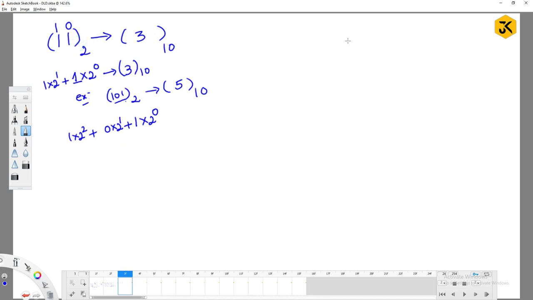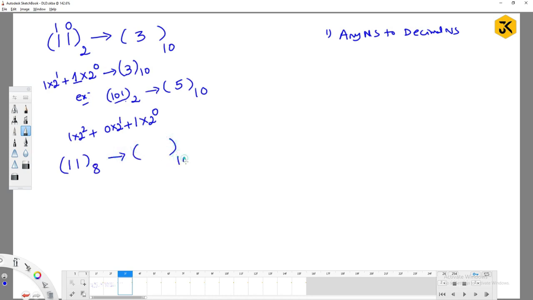There are many kinds of conversions needed. Among those, one kind is any number system to decimal number system. I have shown an example from binary to decimal. Now observe, I have taken the same 11, but assume it is an octal number.